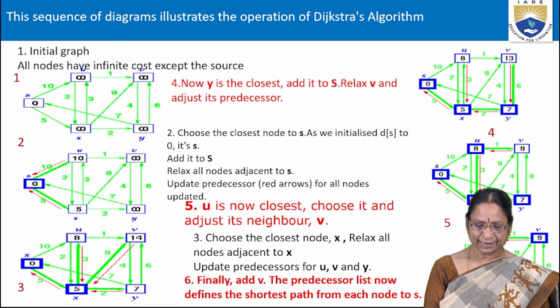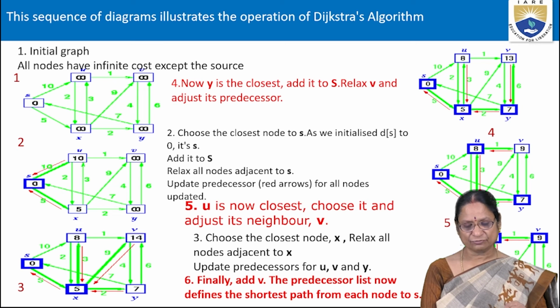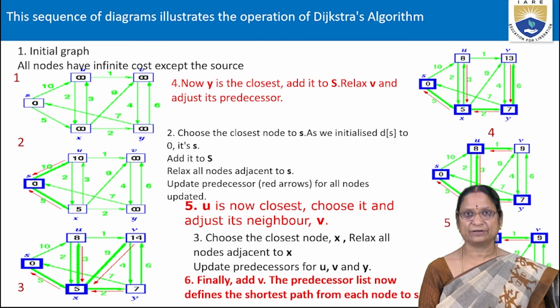And here V is reachable at 14, because the distance of X is 5, and 5 plus the edge weight from X to V, which is 9, is 14. Previously it is infinity, 14 is lesser, so updated to 14.